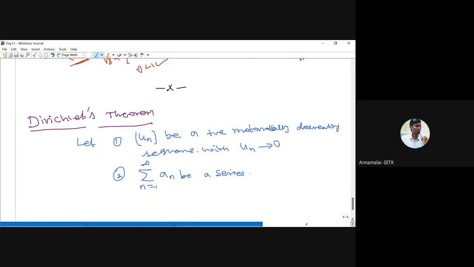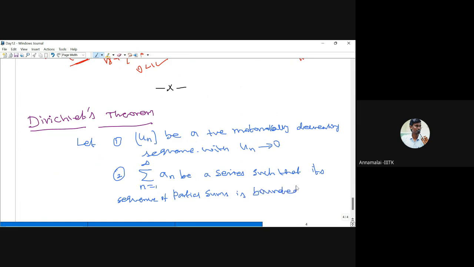A series such that its sequence of partial sums Sn is bounded.